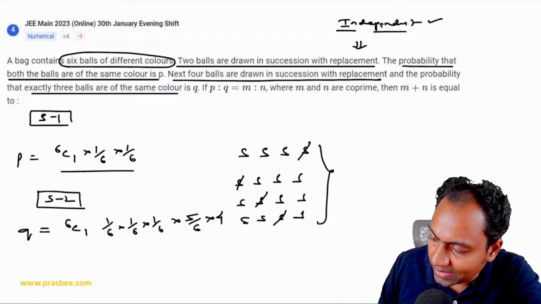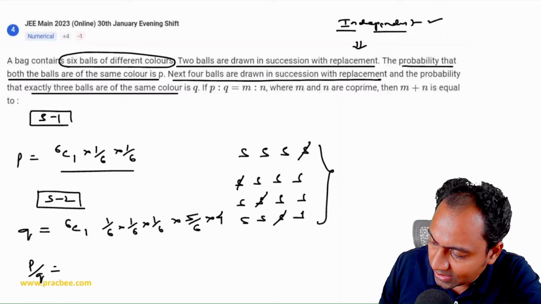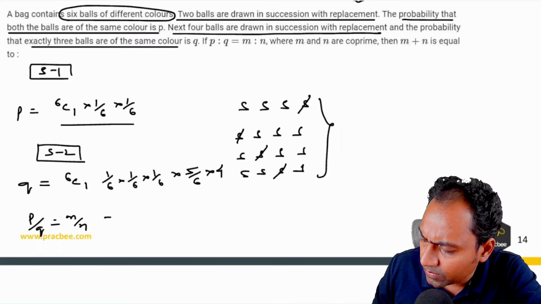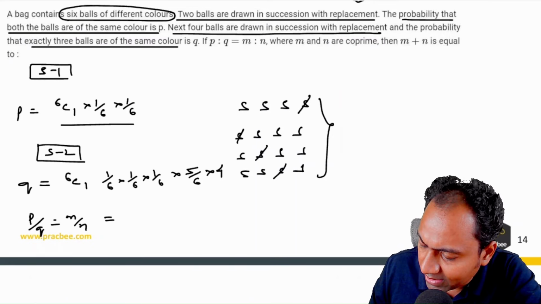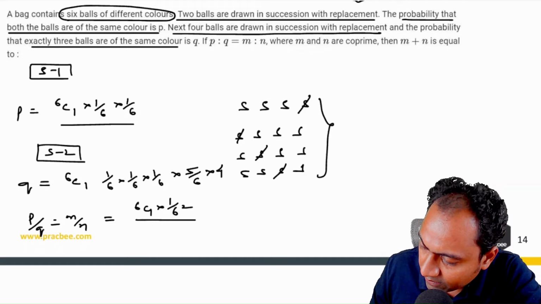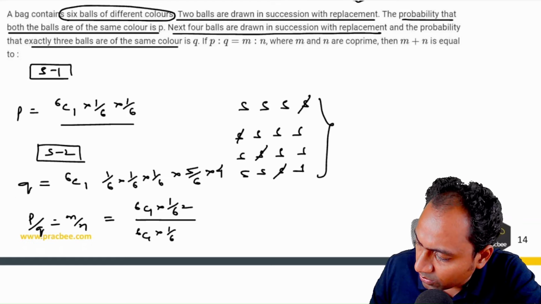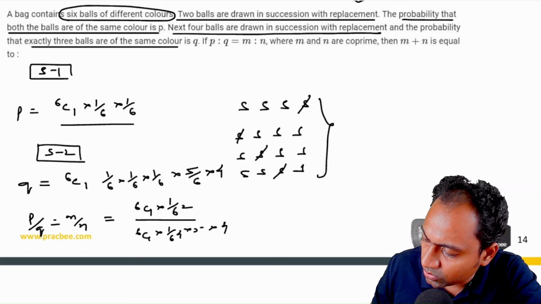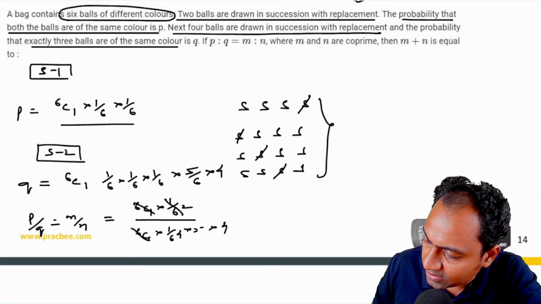Now if you divide P by Q, the answer is M is to N. Let us see what values of M and N we get. So 6C1 into 1 by 6 square divided by 6C1 into 1 by 6 raised to the power 4 into 5 into 4. You can see that this 6C1 will get cancelled out.